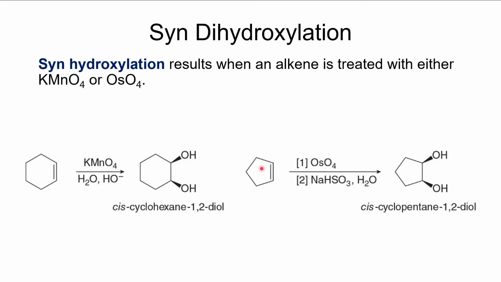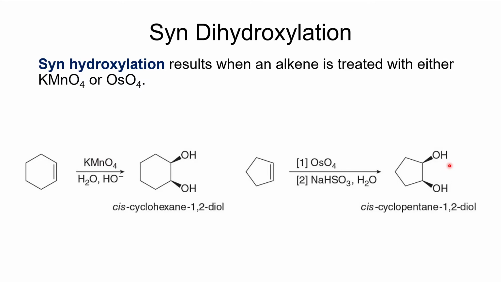We can also use the osmium tetroxide in one step, and then in a subsequent step, we can add the sodium bisulfite and water, and that will reduce it and get us back to this 1,2-diol.